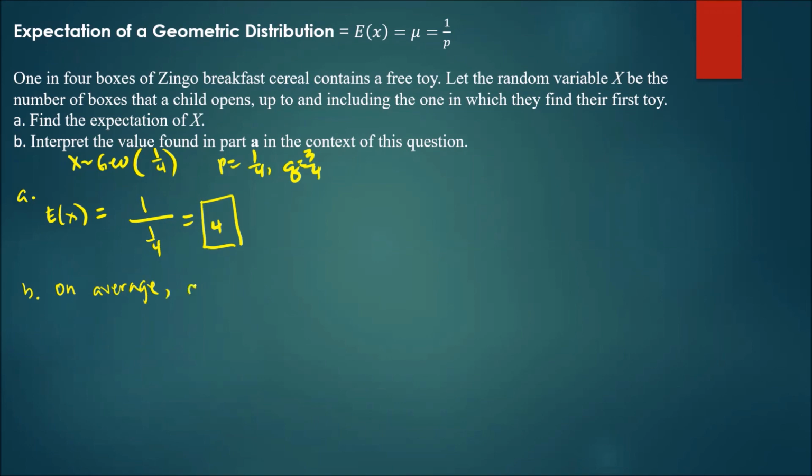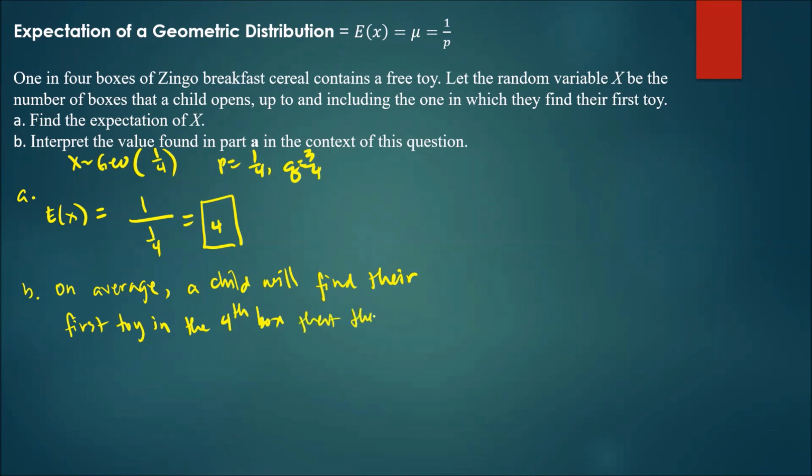On average, a child will find their first toy in the 4th box that they open. There you go. That's how we interpret it.